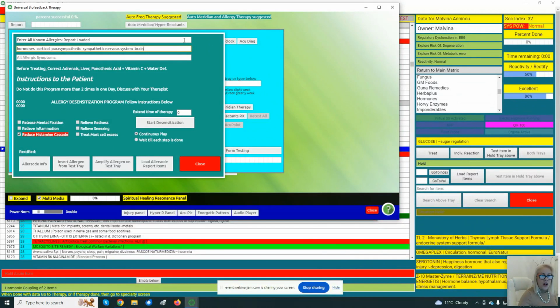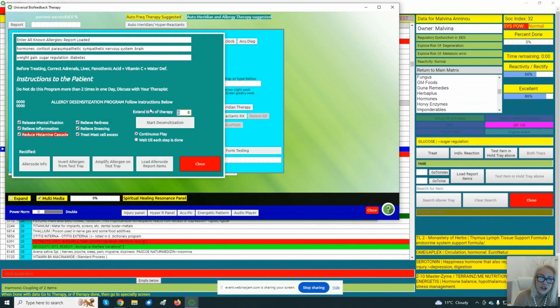Okay, allergic symptoms, weight gain, sugar regulation, or glucose, sugar regulation. I'll put diabetes, even though I don't have diabetes, but I'll put it because maybe I'm pre, okay? So due to the aging factor, etc. But I'm working on that. Okay, so I click on everything and histamine cascade, and I usually put 3 here, but I'm just going to leave it at 0.